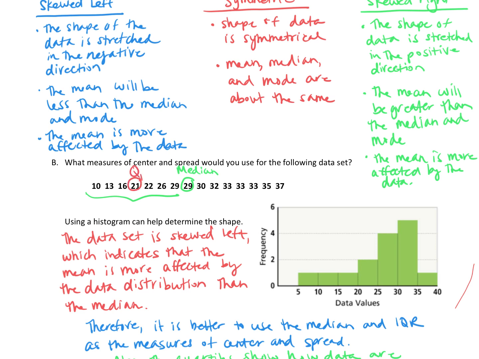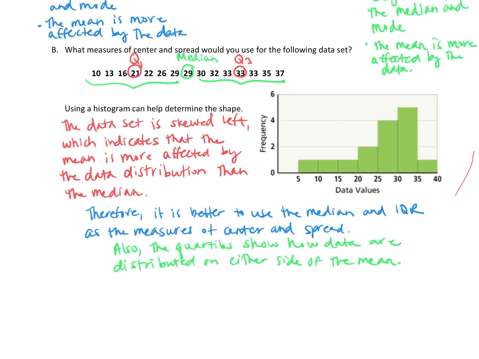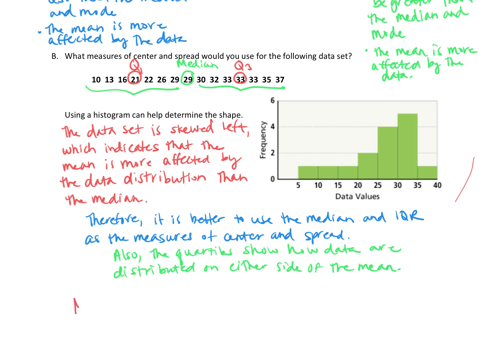So Q1 is 21. And then the upper half of our data, let's count that. We have 1, 2, 3, 4, 5, 6, 7. So 1, 2, 3, the fourth one, this 33 is our Q3. So we can quickly find that the median is 29.